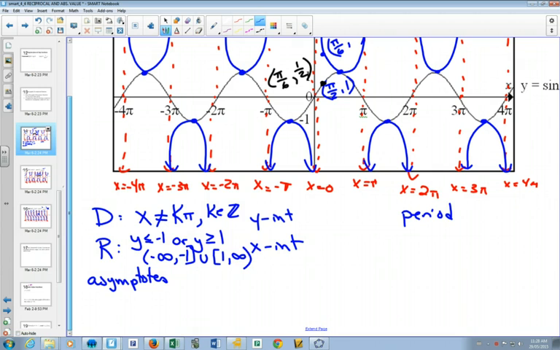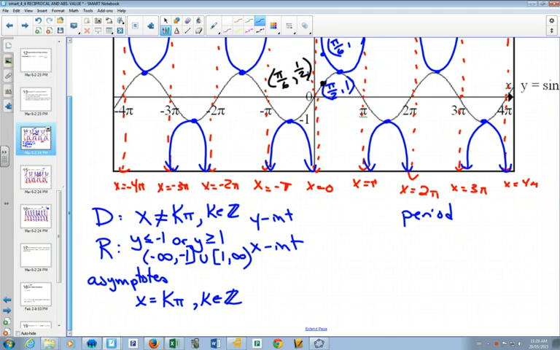Now, our equations of all of our asymptotes will be x equals k pi, where k is an integer. Whereas before, for our domain, we would say x can't equal k pi. For our equations of our asymptotes, anytime you're writing an equation of an asymptote, make sure you look at your notes.